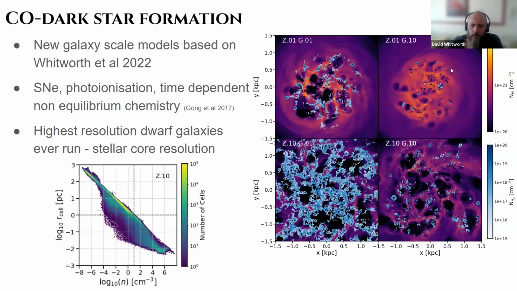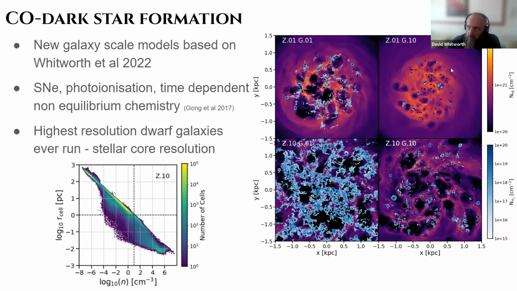So I took my models from my 22 paper. These are hydrodynamical models. They don't include magnetic fields. We include supernova, photoionization, and a time-dependent non-equilibrium chemistry. These are the highest resolution, not just dwarf galaxies, but galaxies ever run. We get down to stellar core resolution in the densest gas.